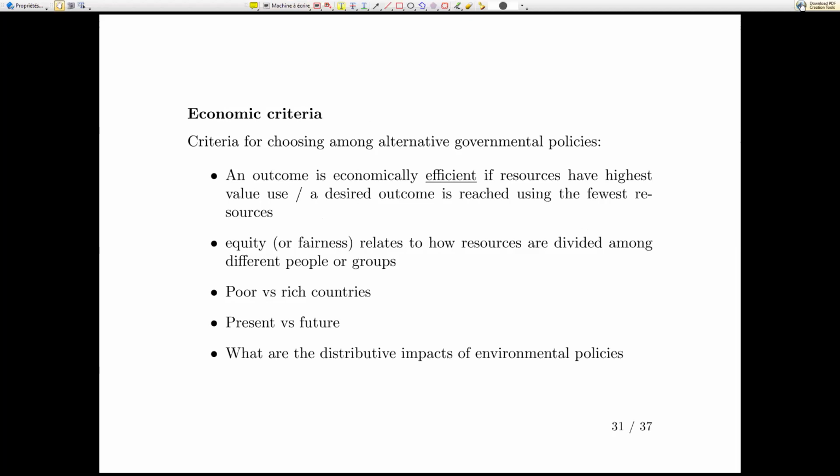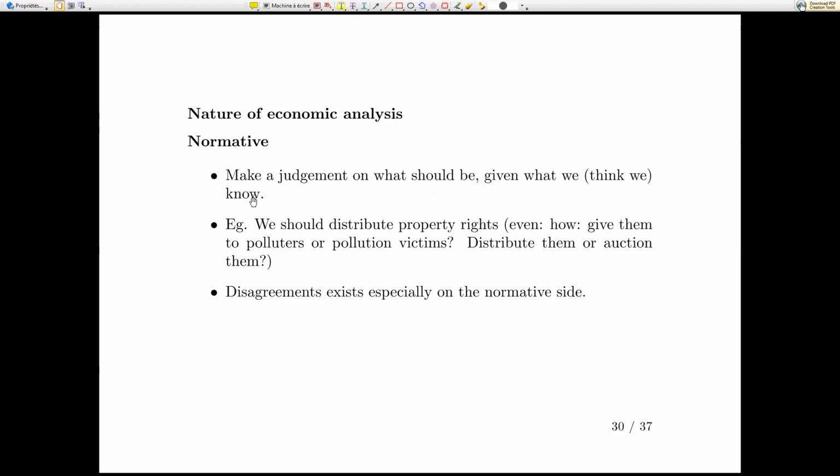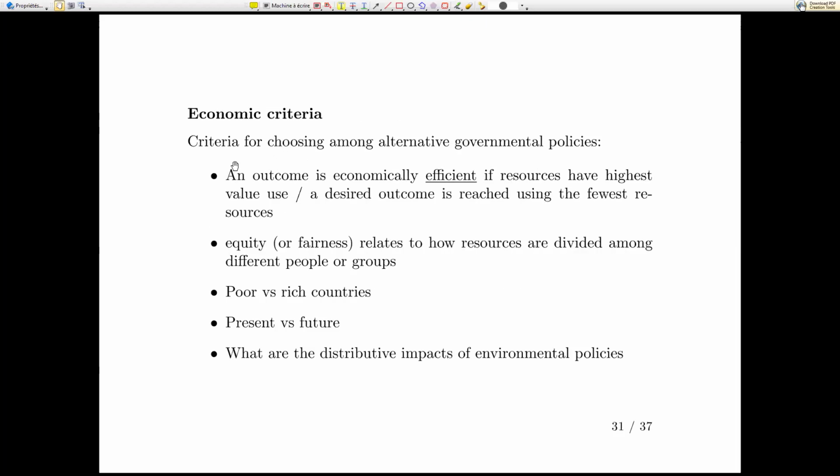Different economic criteria. We say that an outcome is economically efficient if the resources have their highest value use. So we're not saying what you should do. What you should do is a normative statement, and as we've seen, it's more complicated. But once you say this is the production I want, or this is the amount of pollution I want, then what we care about is to achieve this at the lowest possible cost.